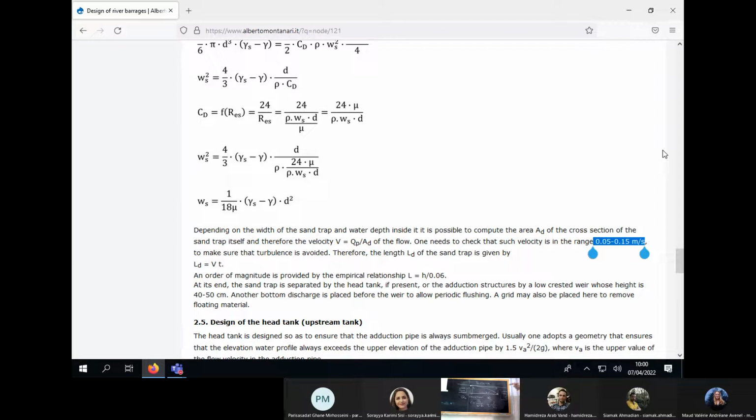Now let me call the length of the sand trap L. L should be long enough to allow the particle to stay in the sand trap for the time t required to settle down. So if I indicate the velocity in the sand trap with v, v times t is the length of the sand trap.